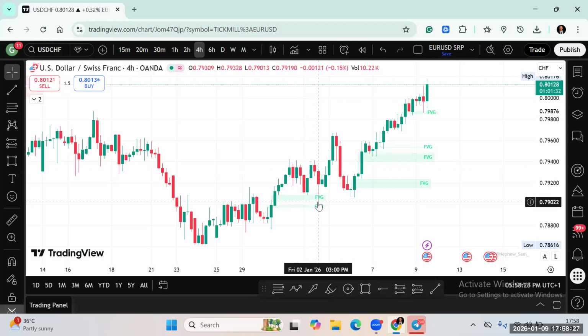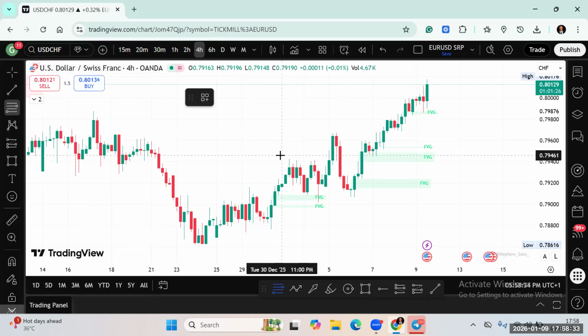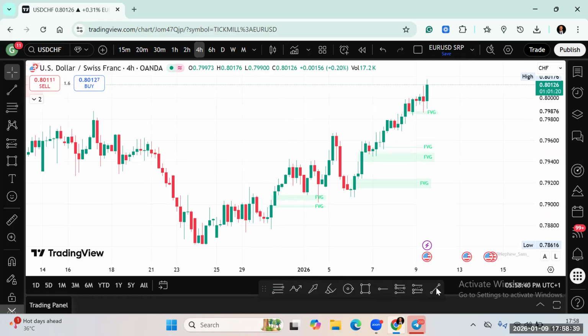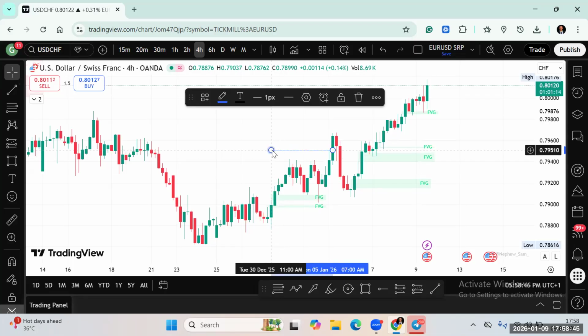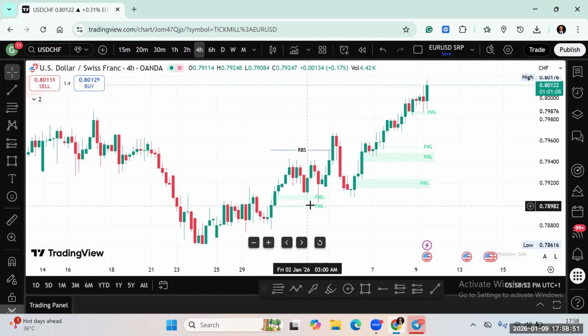So USD chef did a sweep here. Did a break? Did RBS here? So this is not an A plus setup.